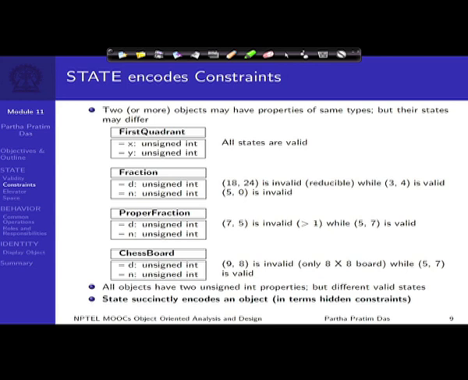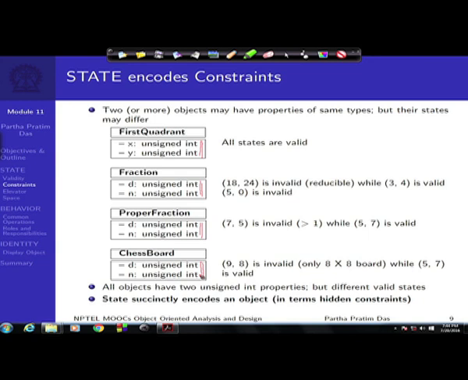Here I have framed a collection of example objects for you, where first you consider the similarity. All four of these objects have two attributes, two properties, and both of these have the same type.